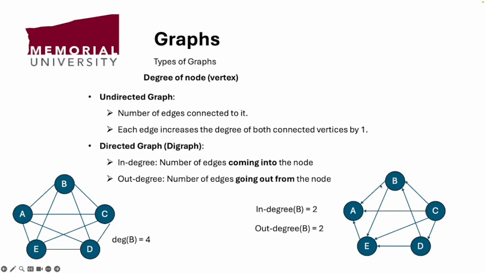The in-degree is the edges coming in, from C to B and D to B, so the in-degree of vertex B is 2. And the out-degree, from B to A and B to E, is still 2. So for a directed graph, we have the in-degree and the out-degree.